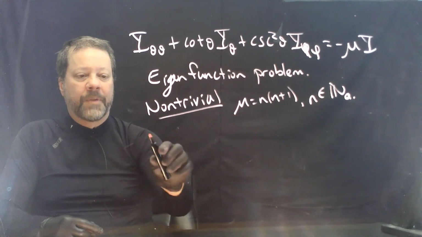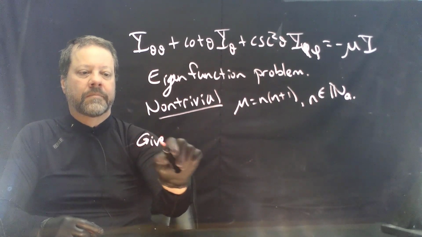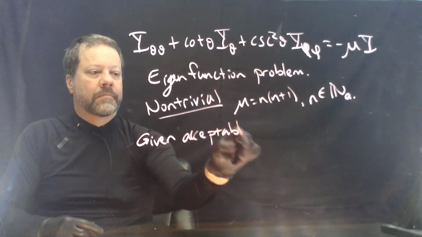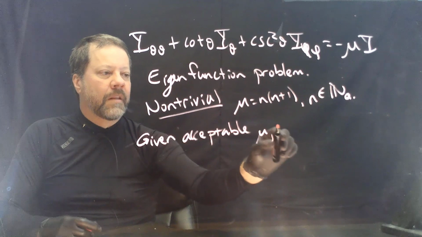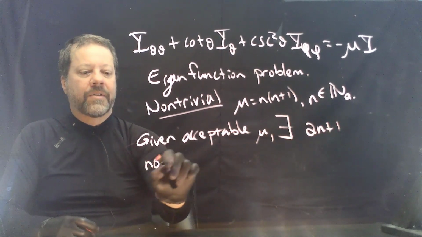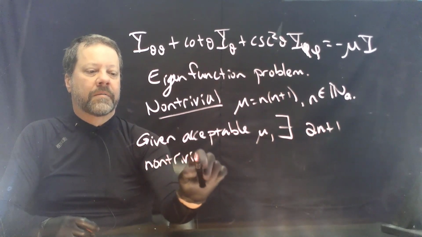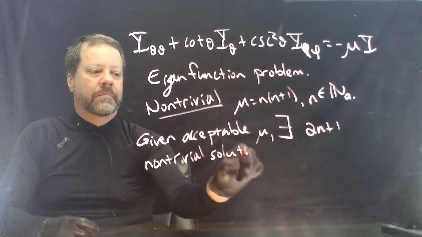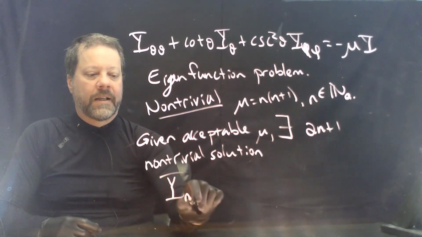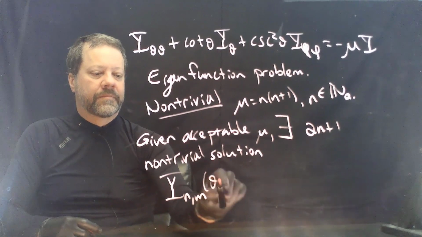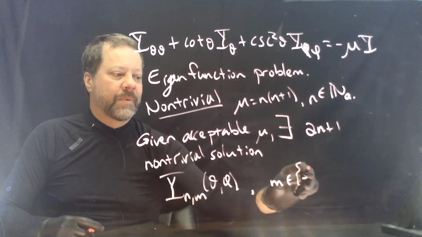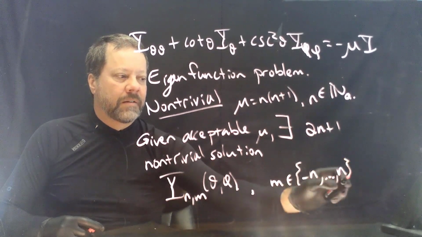To each acceptable mu, there will exist 2n plus 1 non-trivial solutions Y n m, where m will have to take values between negative n and n.